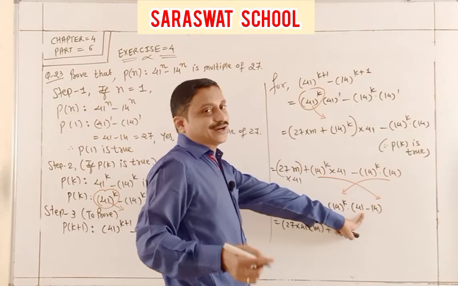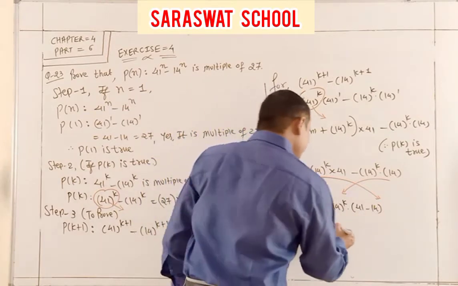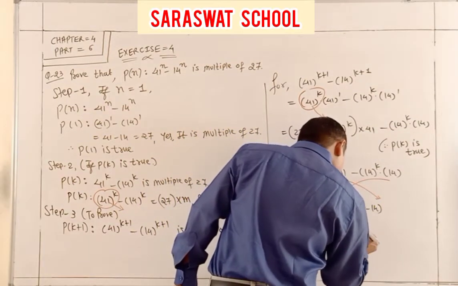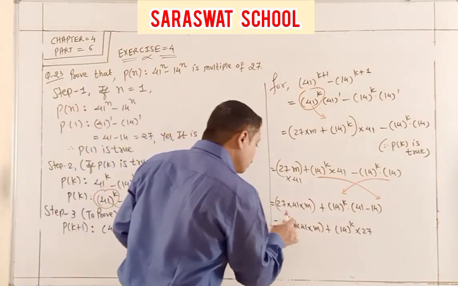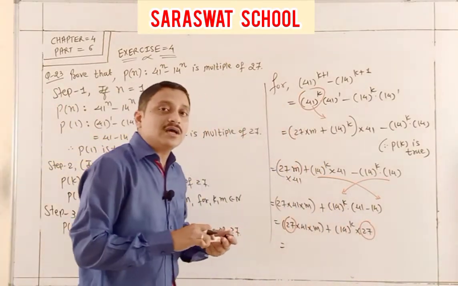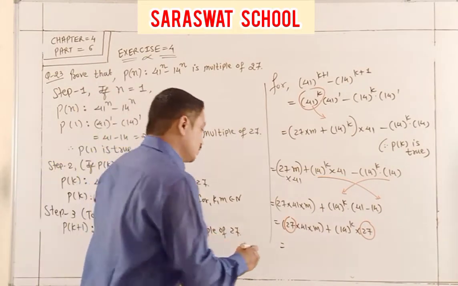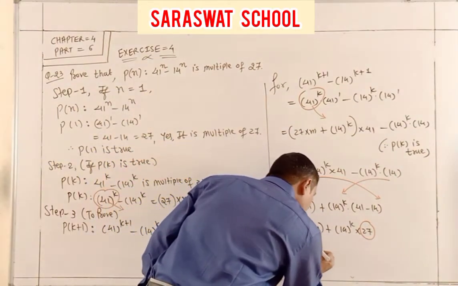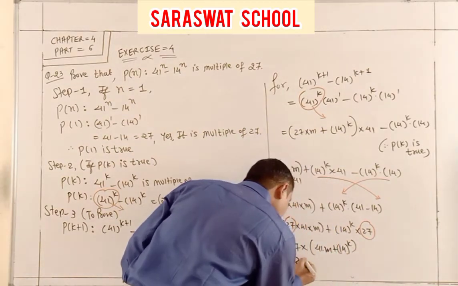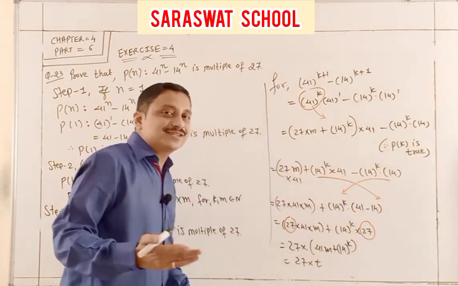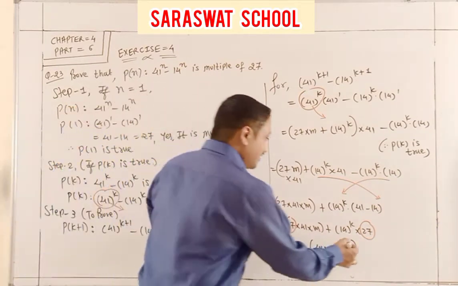Yes, that is your 27. So 14 raised to k. Now 27, you just take out common outside. So I have only 27 common, 41m plus 14 raised to k.